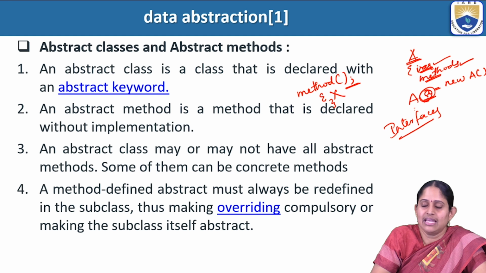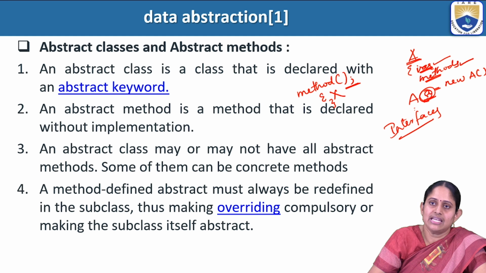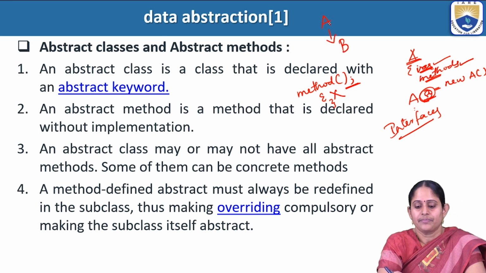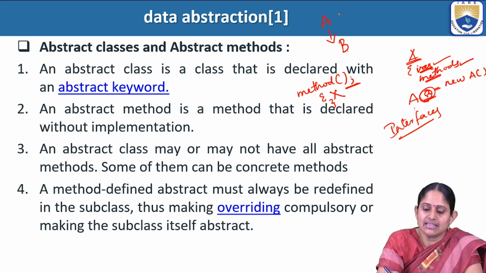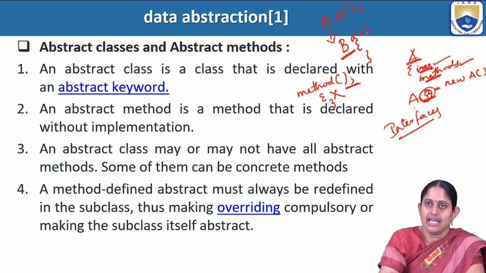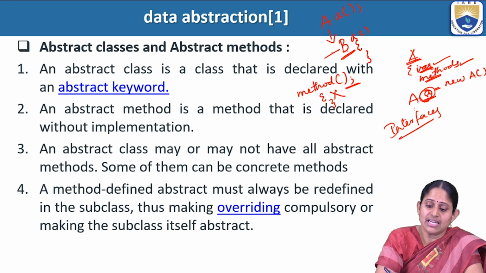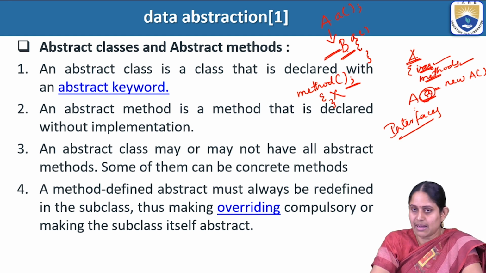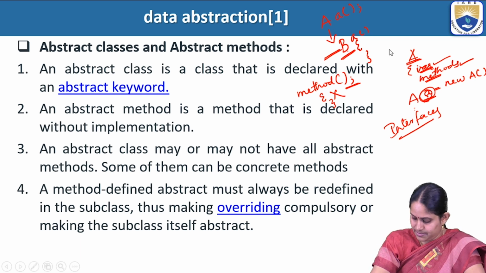Whenever any method is defined as abstract, then the class which is inheriting that abstract class, let's say we have an abstract class A and a class B inheriting from class A, and in class A we have an abstract method A. This class B must provide the implementation detail for this method A, or else we have to declare class B also as abstract. So overriding is compulsory in abstract classes.